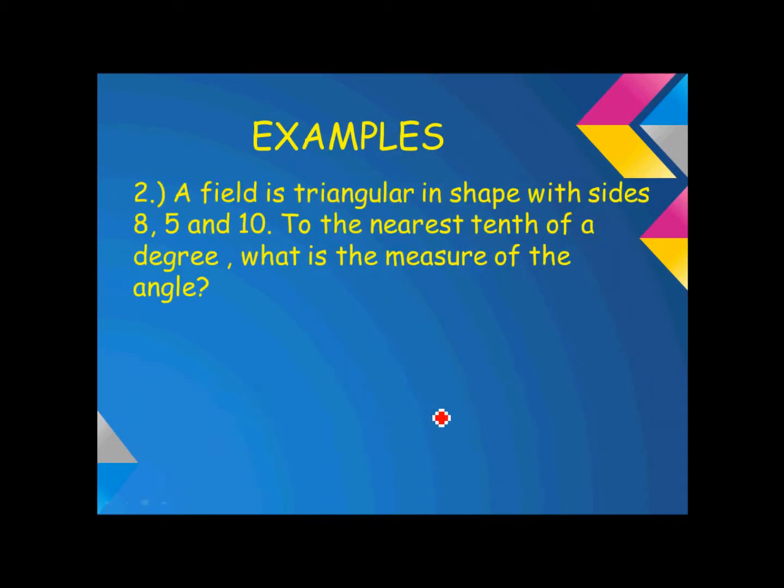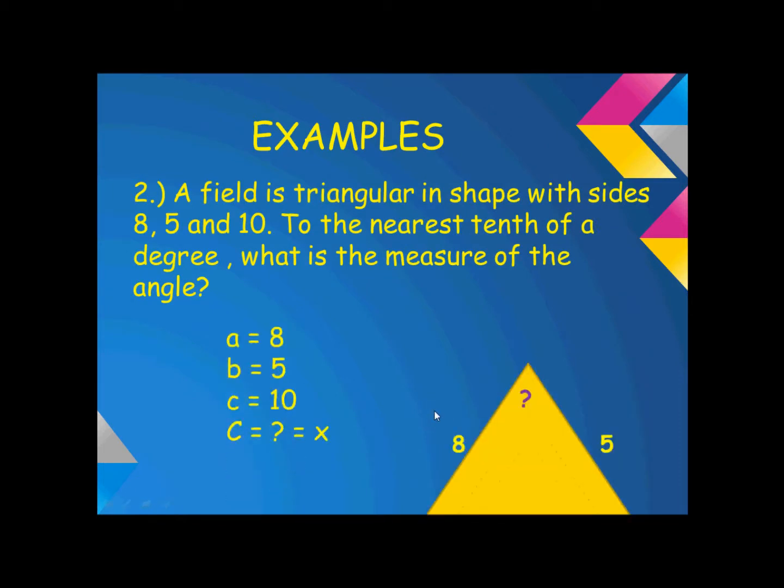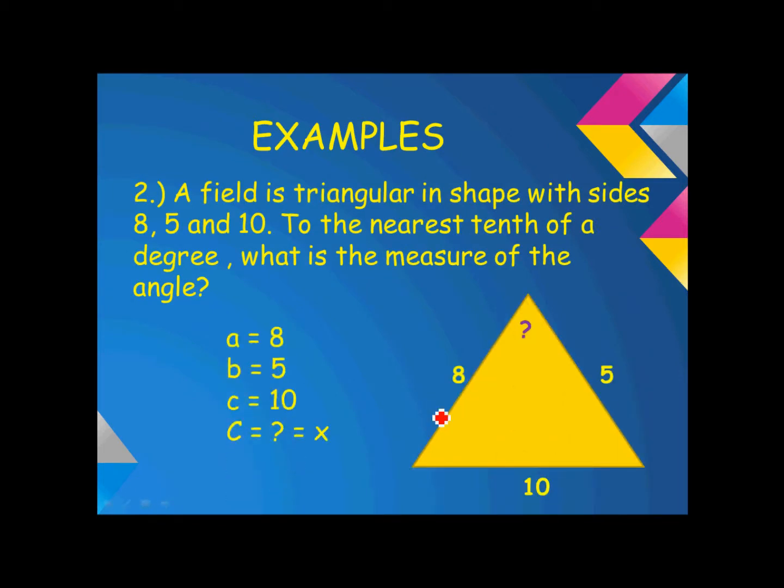Another example. A field is triangular in shape with sides 8, 5, and 10. To the nearest tenth of a degree, what is the measure of the angle? Here, all sides are given and angle C is the one that we're going to find.